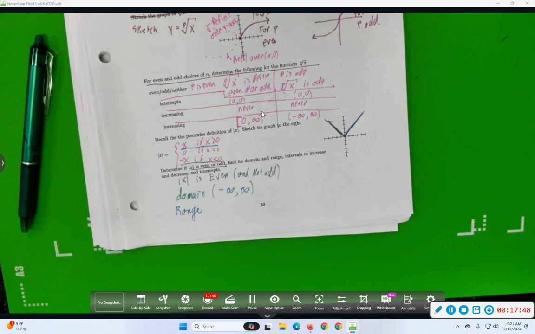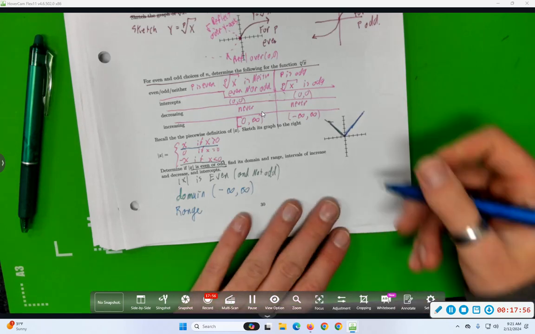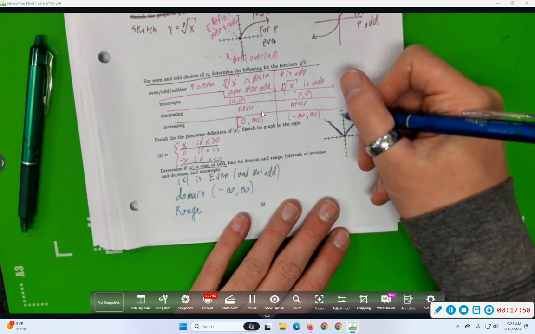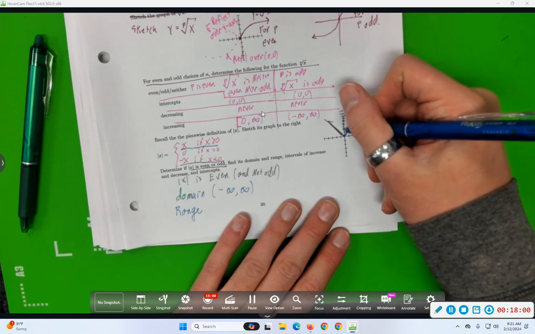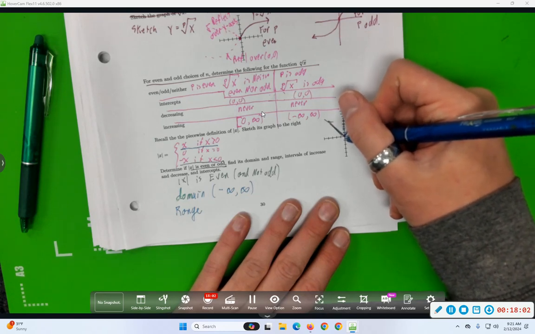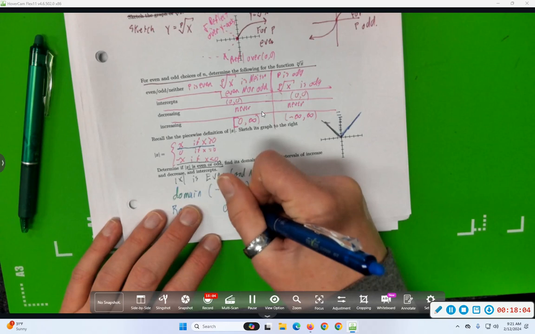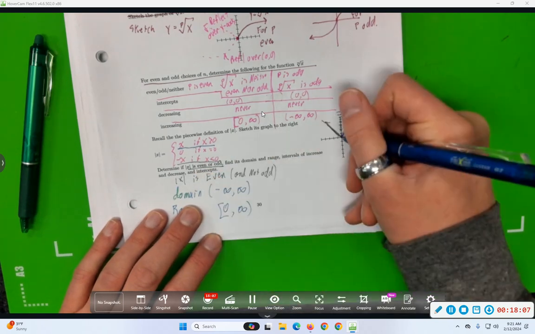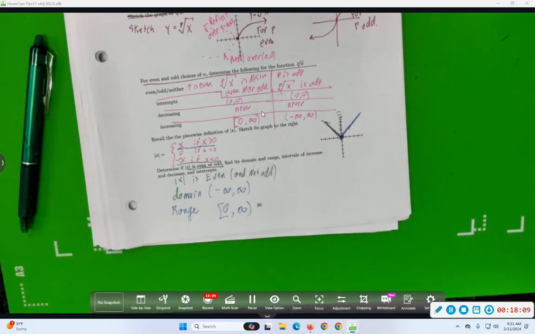What are the valid outputs for absolute value? 0 to infinity, including 0. All of these y values, no matter how big they are, the positive ones are all in the range. It changes at 0. So 0 to infinity, and 0 is included because an output of 0 is achieved when x equals 0.